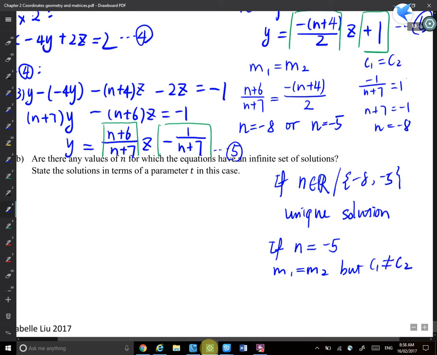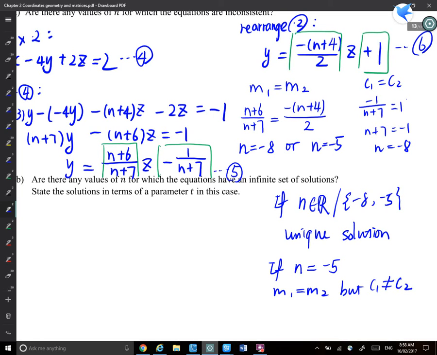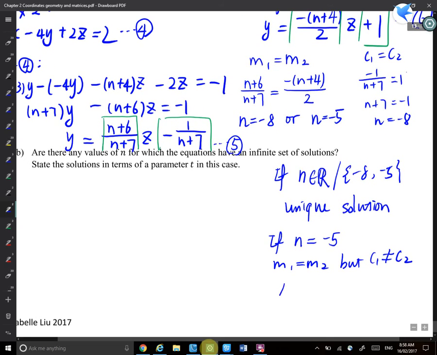If C1 wants to be equals to C2, n must be negative 8. But n equals to negative 5 can only give you gradient equal, but different y-intercept, which means y and z have no solution. So, no solution for x, y, and z.